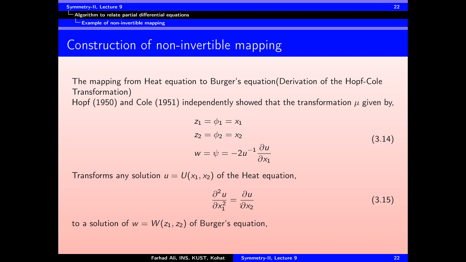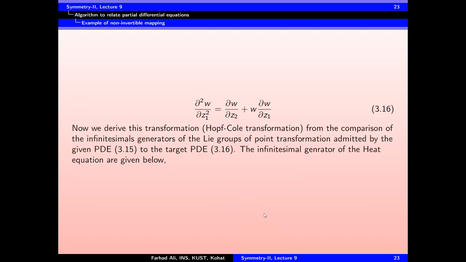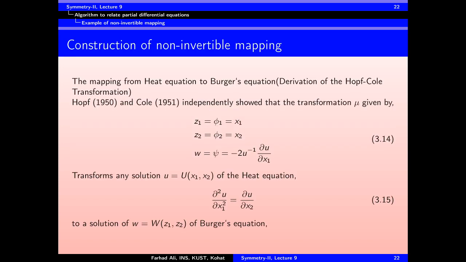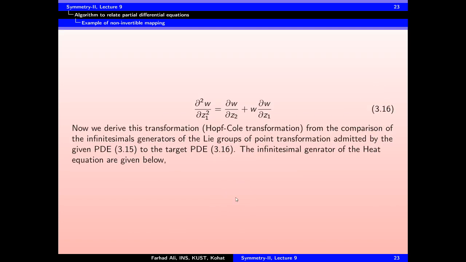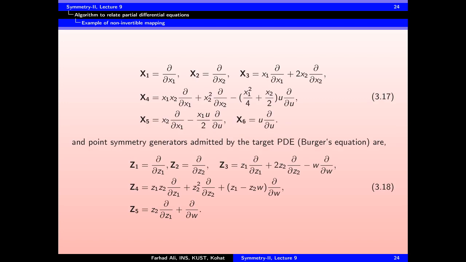So we take the heat equation, which is given in 3.15, and the Burgers equation, which is given in 3.16, and find the Lie symmetries of the heat equation and the Burgers equation. So let's see their symmetries.